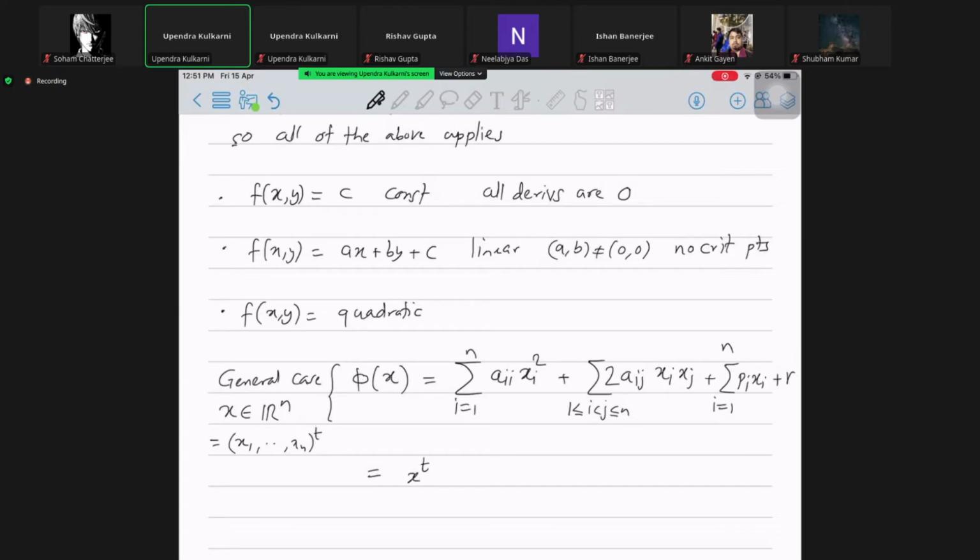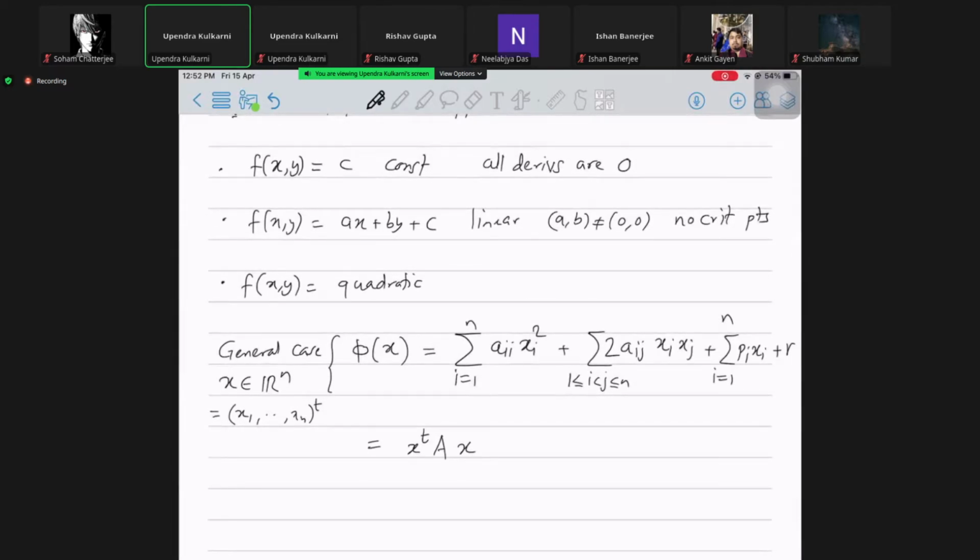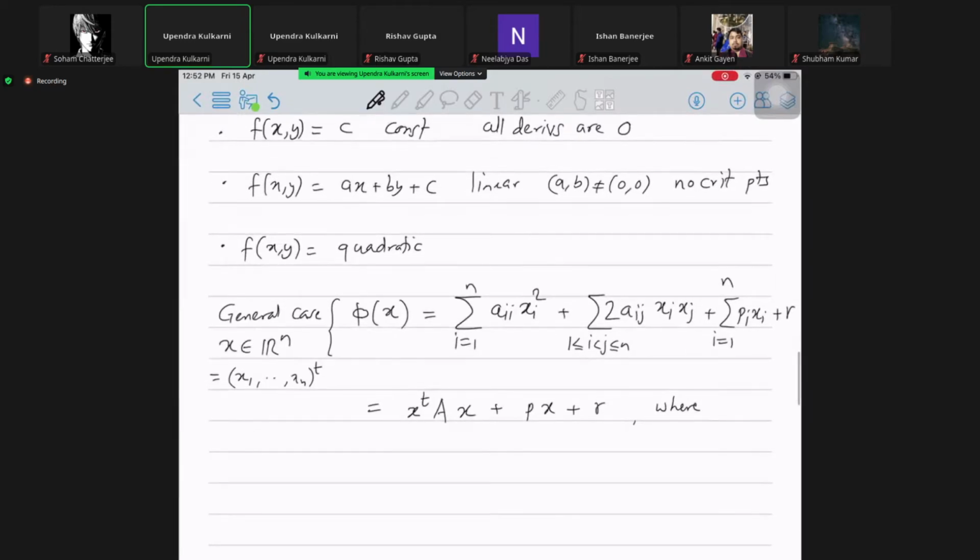This is the same thing as x transpose times A times x, plus p times x plus r. Let's write this out so that it is easy to see.